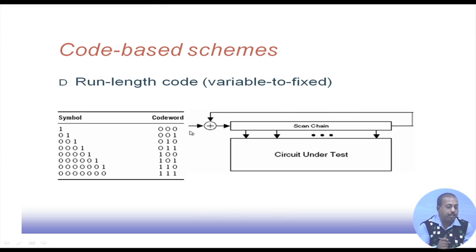So, if we have the scan chain structure slightly modified, so that the ATE input, instead of feeding this scan chain directly, feeds this XOR gate, and these scan chain bits are the bits that are scanned out from the scan chain. So, it is XORed with the next input bit, then it is very much possible that we get a large number of zeros in the sequence that has to be fed here, because the bits may be the same.